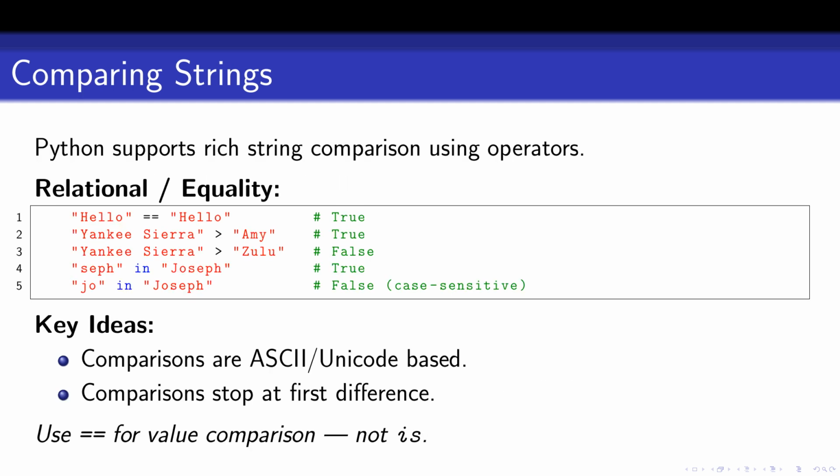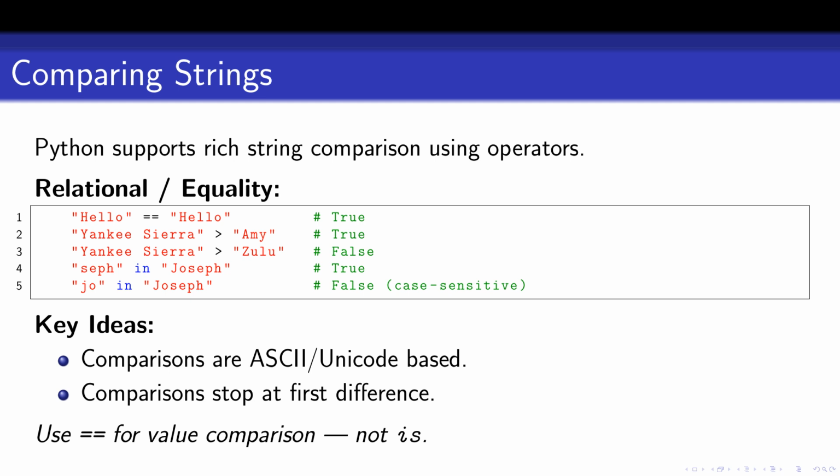Python supports rich string comparison using standard relational and equality operators. You can use == to check if two strings are exactly equal, and <, >, <=, or >= for comparison of their lexicographical order. These comparisons are based on ASCII or Unicode values, so capital letters are considered less than lowercase ones.